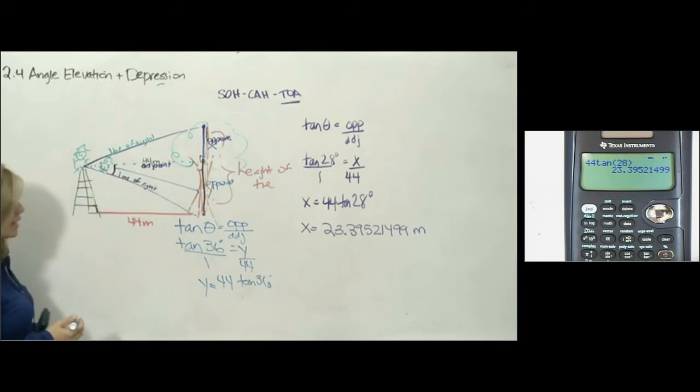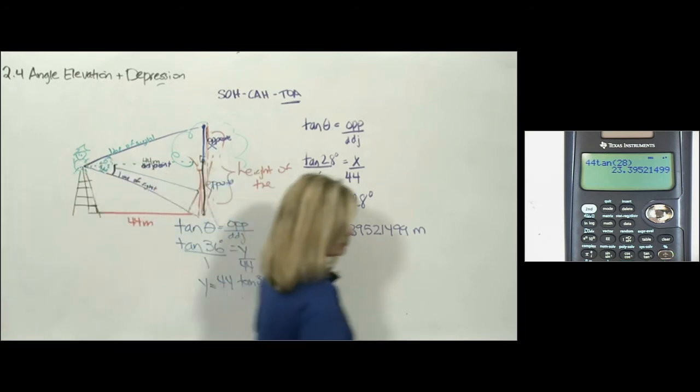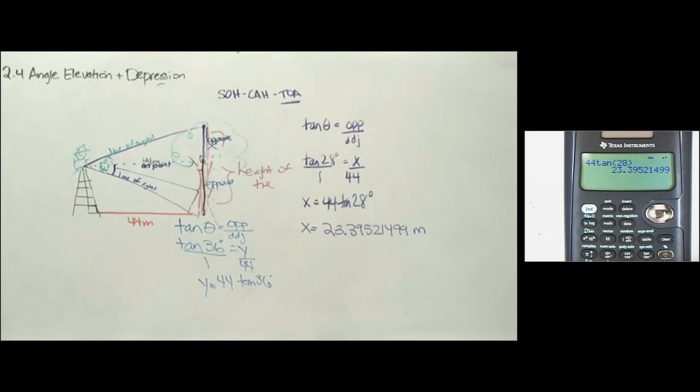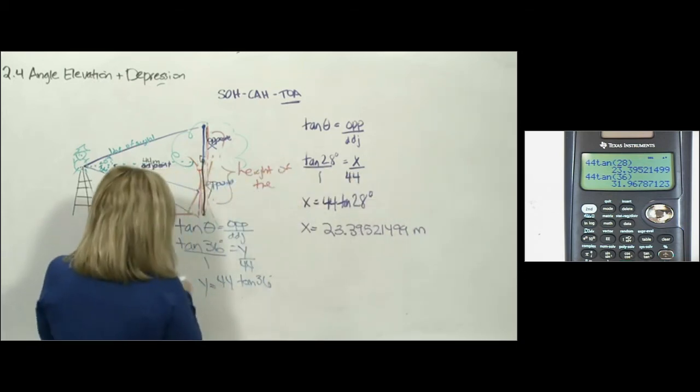All right, let's go to our calculator. In our calculator now we're going to type 44 tangent, and we're going to put 36 degrees. And we're going to write that whole thing down. We're not going to round.